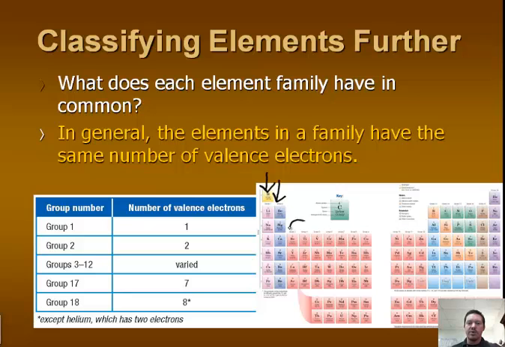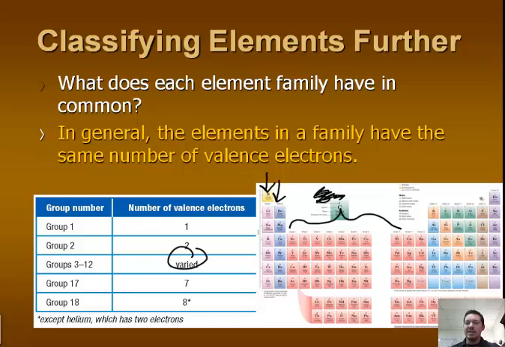Group 3 through 12, this red section in the middle, it varies. It can be anywhere from +3, we can have +1, we can have a different number of valence electrons in this section. So we're saying that they vary.